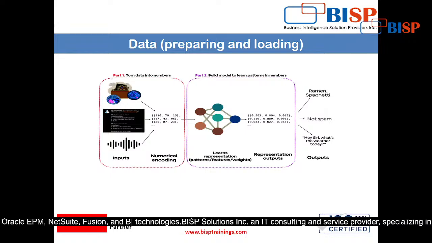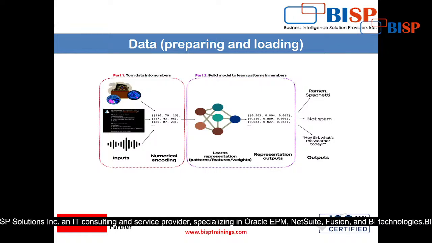All these things are first converted into tensors, right? A tensor is nothing but a matrix of numerical values, because the machine understands the language of numerical values.